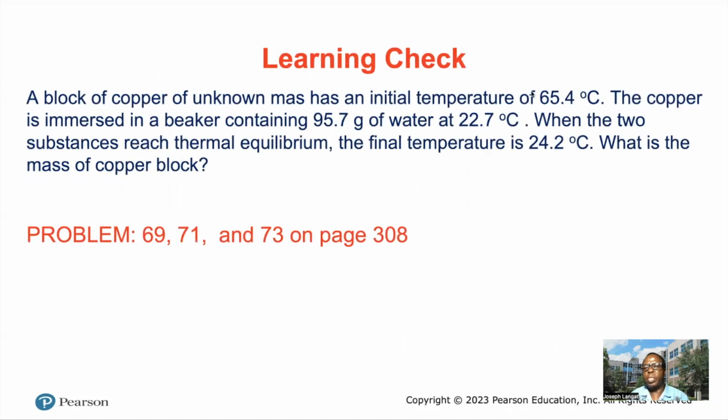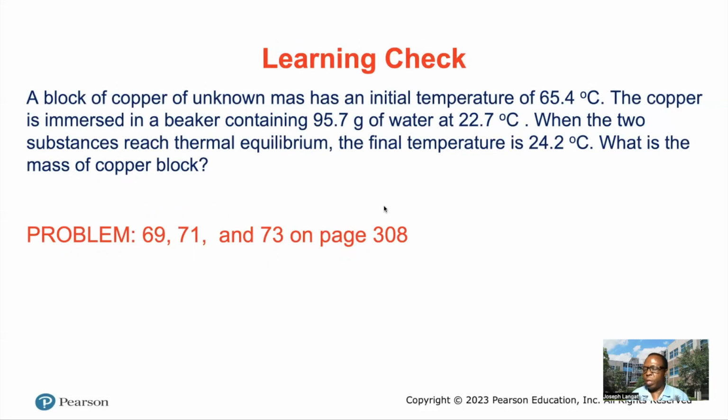Remember, this is the T initial for the plug of copper, which is hot, and this is the T initial for H2O, which is cold. They will reach a final temperature, the same for both. When the copper and H2O reach thermal equilibrium, the final temperature is 24.2. What is the mass of copper?